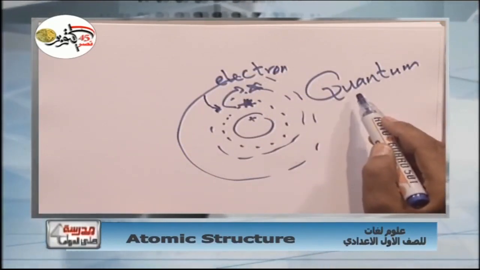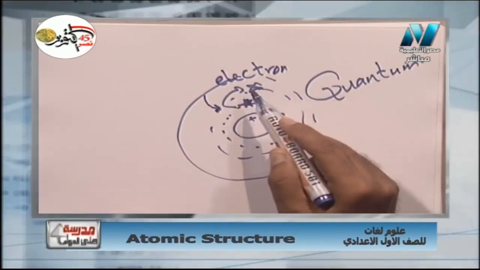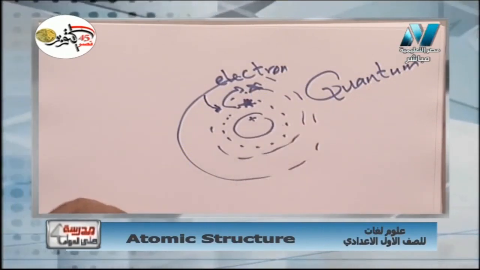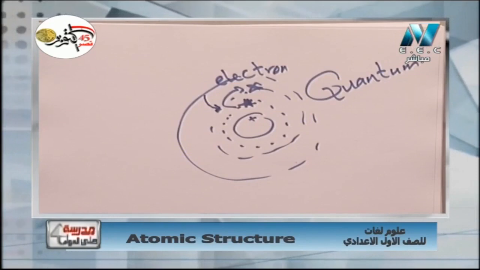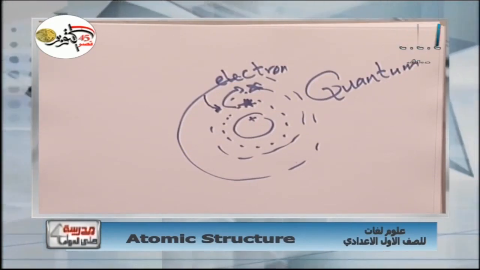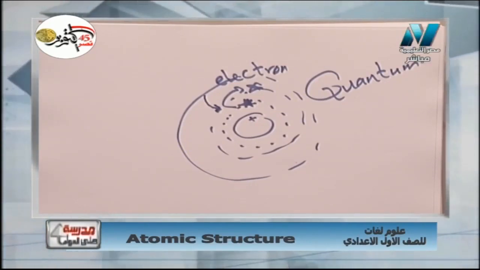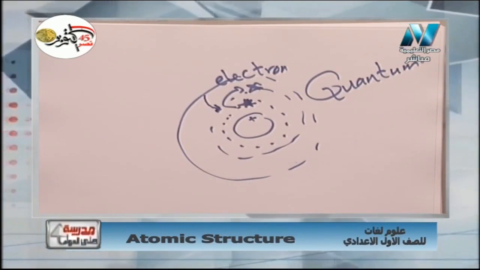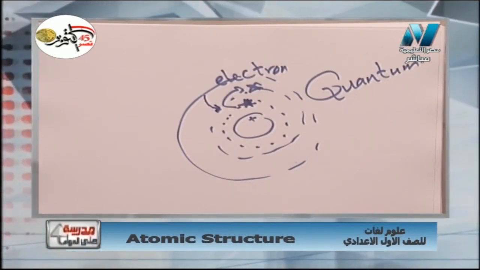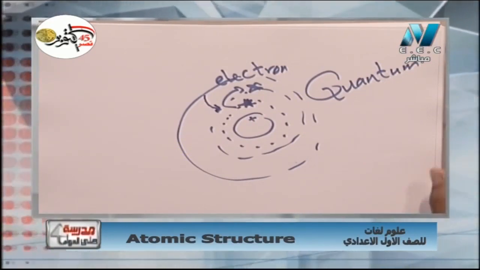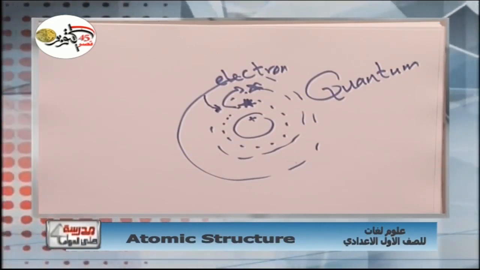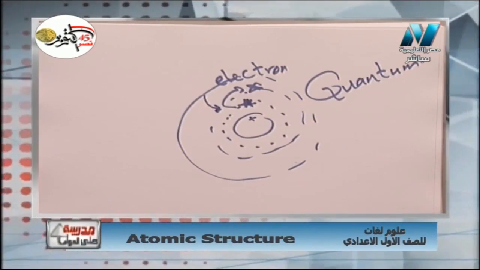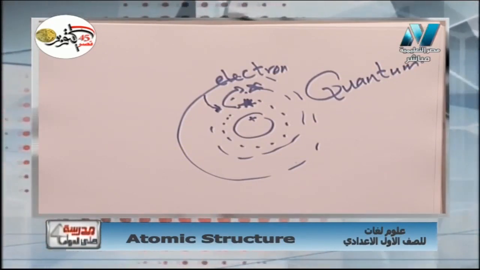Quantum is the amount of energy that the electron gains or loses to transfer from one energy level to another one. What is meant by an excited atom? It is the atom that gains a quantum of energy. Not loses, but gains. If the atom gains a quantum of energy, it is called the excited atom.